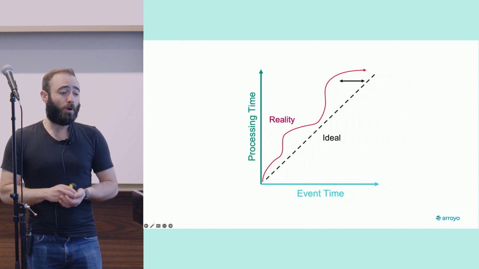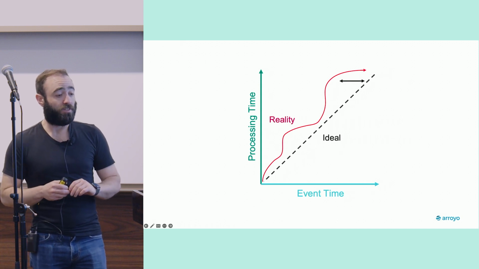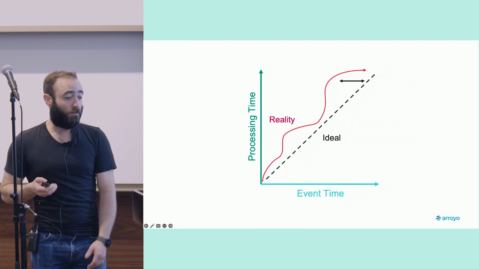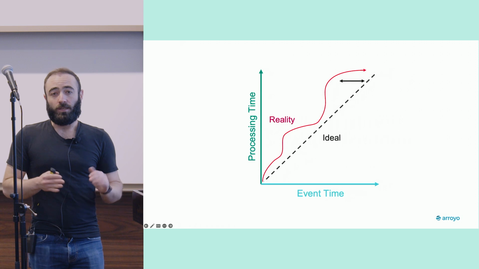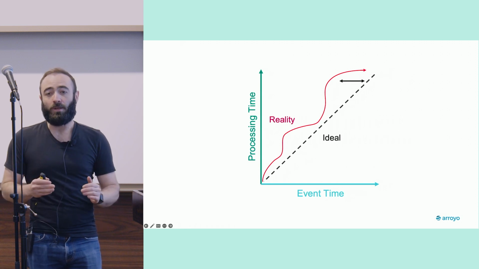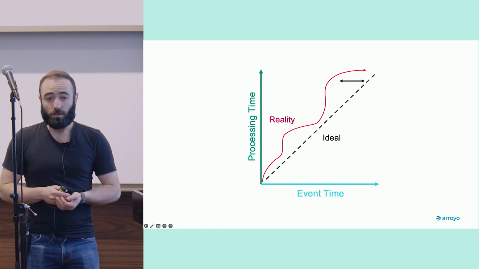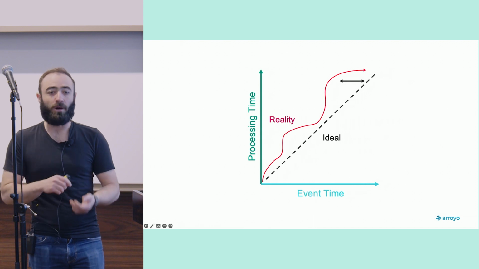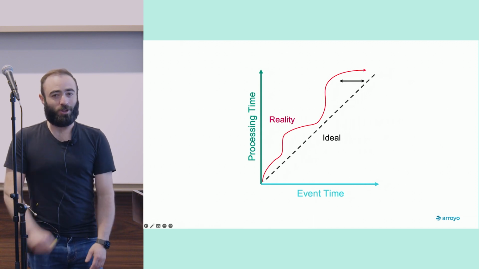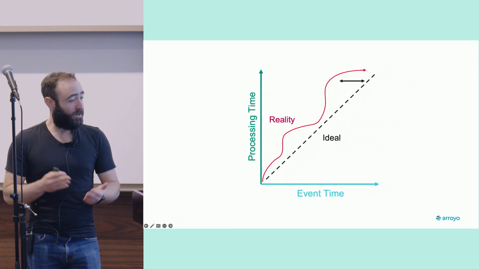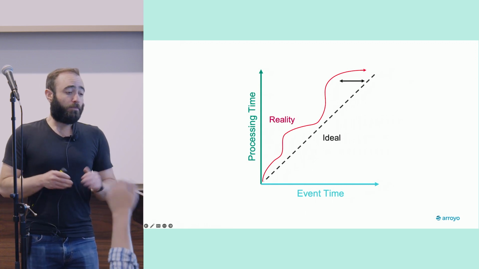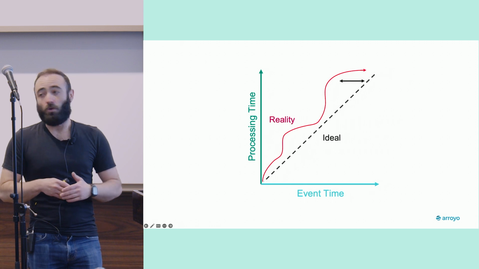And in order to think about this problem, the dataflow model introduces this idea of event time versus processing time. So event time is the logical time that an event occurred in the real world. So on my app, it's when I push that button, according to the local phone clock, which may also not be that accurate to the real world, but that's what we have. And then processing time is when we actually go to deal with the data.